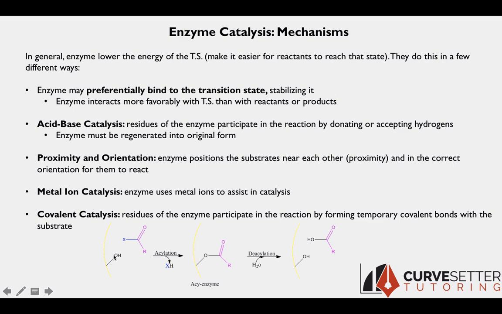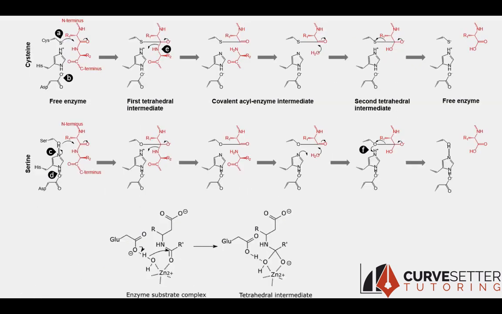So here I've included 3 different examples of an enzyme catalyzing a reaction. The way that it's depicted here is how you might see it depicted in a passage on the MCAT. The residues of the enzyme that are going to assist in the reaction specifically are drawn out. And then the substrate molecule is also shown.